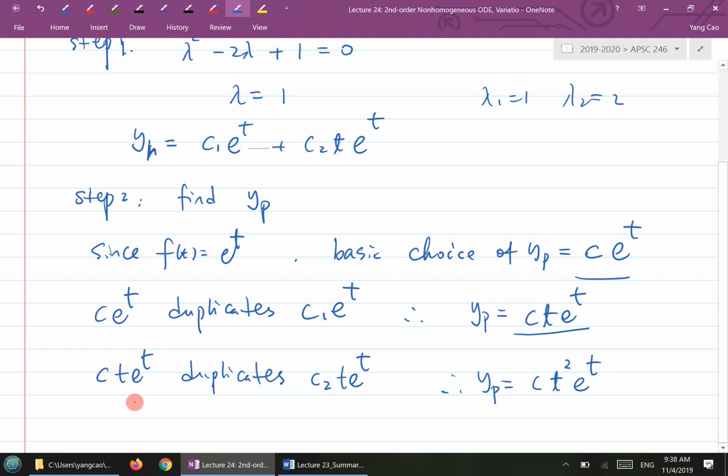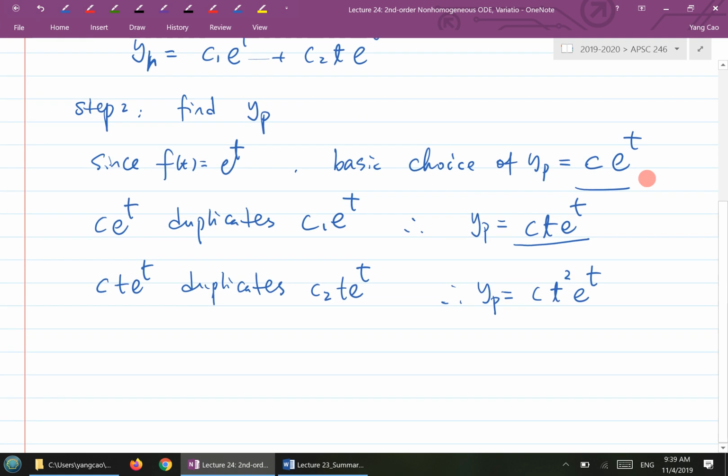But this is the case where you use the modification rule twice, to make sure your choice of YP is different from the two basic solutions in the YH. Okay, so that's a trick. If there's such a question, the testing point would be: are you able to identify your choice of YP, and did you compare your YP with your YH? Is that good? Okay.